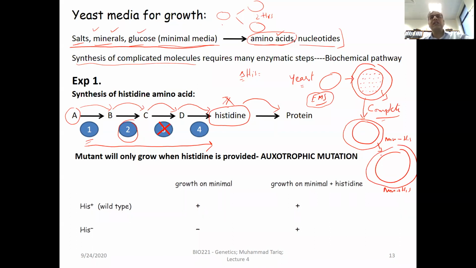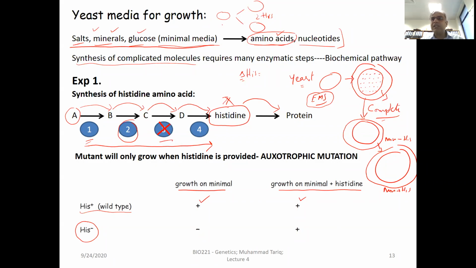What you will get now is the phenotype: growth on minimal media and growth on minimal plus histidine. Since wild type can synthesize its own histidine, wild type will grow on any media, whether it has histidine or whether it does not have. But your mutant, if it is in the histidine biosynthesis pathway, let's say this gene is mutated.